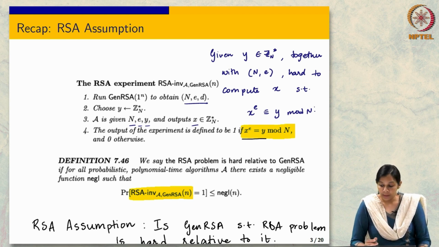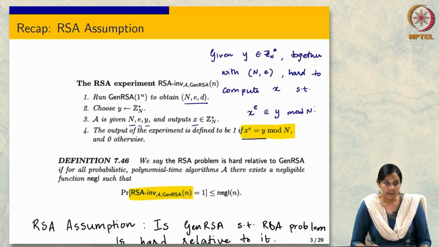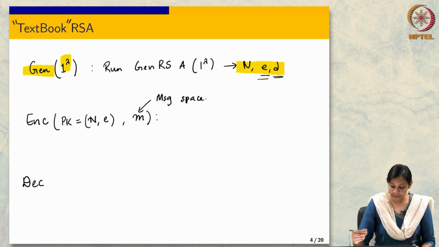So, how are we going to use this as a source of hardness? Does everyone agree we have not used this so far? Excellent, good. That is exactly what I was waiting for.